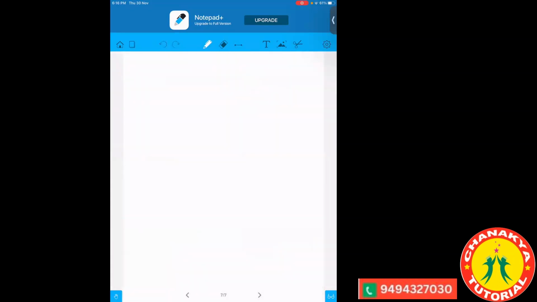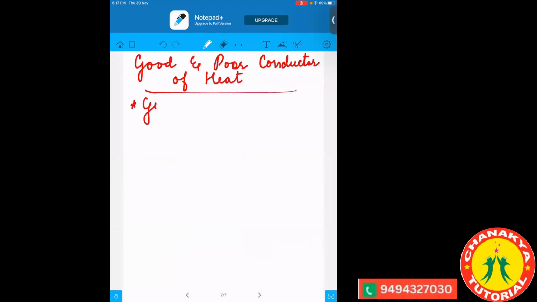Now, two words are there: good and poor conductor of heat. When we talk about good and poor conductor of heat, it means the materials. Okay, first we'll talk about the good conductor.